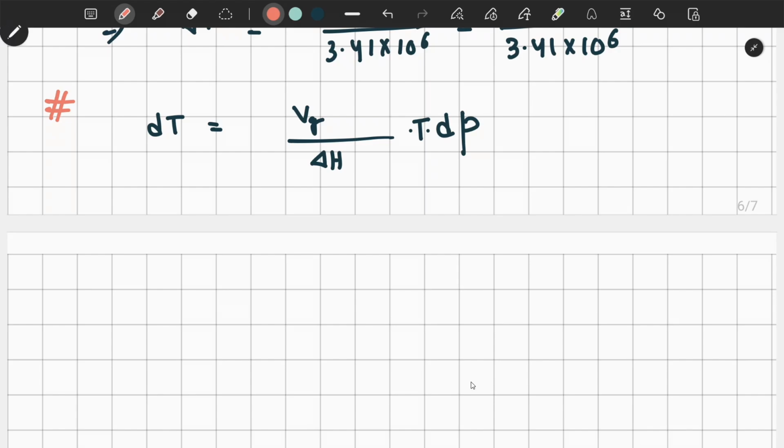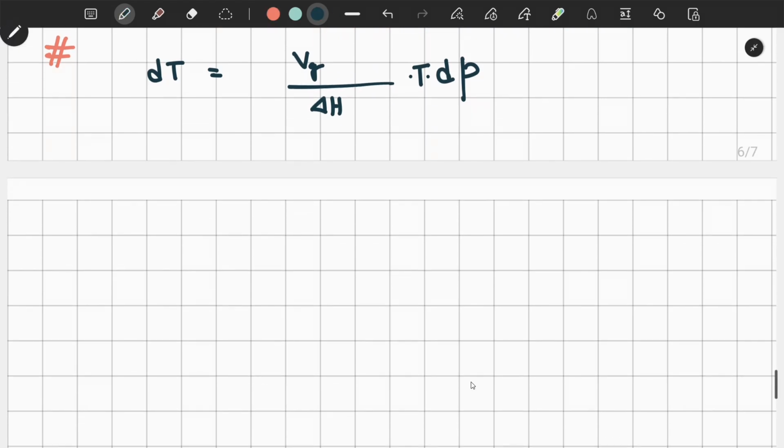dp is given. Okay, let me write it. dp is 27.12 millimeter Hg, right?